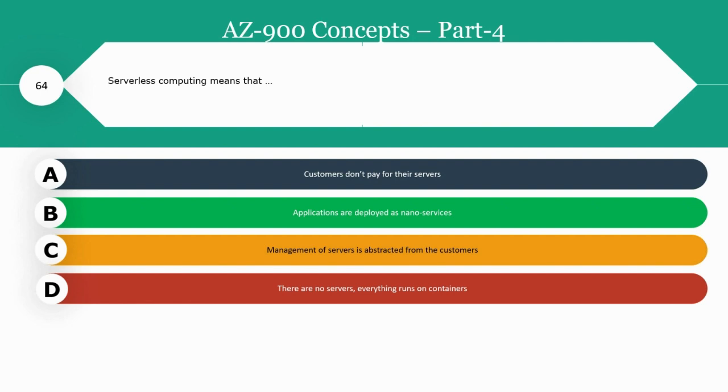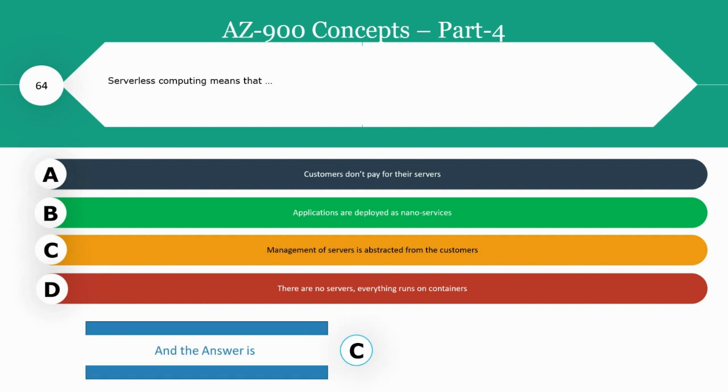So when using services that are considered to be serverless, customers will be charged appropriately based upon the usage, but the management, deployment, and scaling of the services is completely abstracted away from customers. And so option C, management of servers is abstracted from the customer, is the right answer.